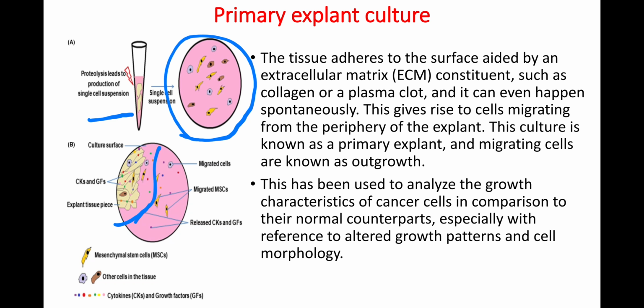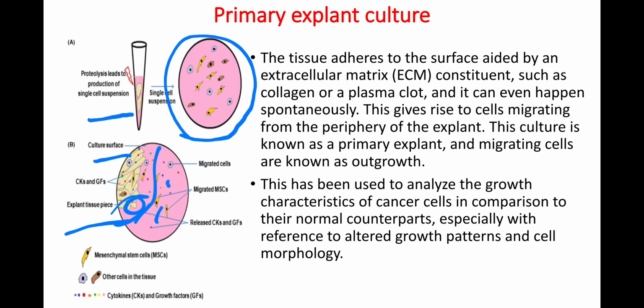Another diagram shows the mesenchymal cell surface cell culture here, and explant tissue pieces here. This is all about primary explant culture.